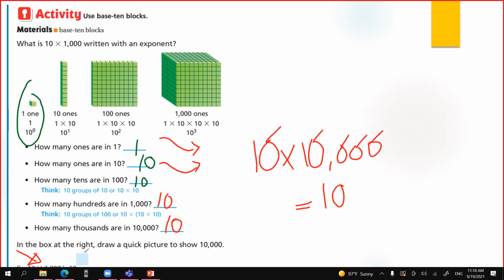So 5 zeros. So how can I write it now? 10 to the power what? It means 100,000.